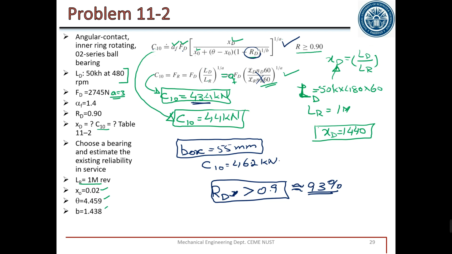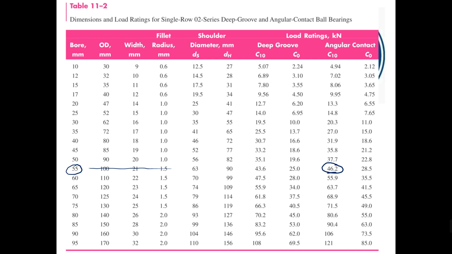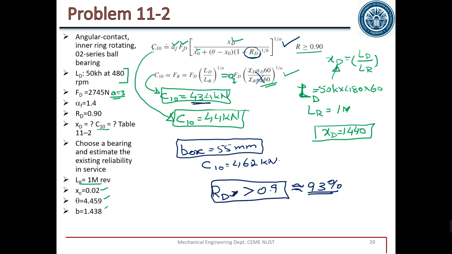But when we went to select the bearing from the catalog, the next bigger bearing can support a little bit more load. It means that the load we are applying is less and the load that the bearing can support is a little bit more. In other words, for our lesser load, the life of the bearing is a little bit more.